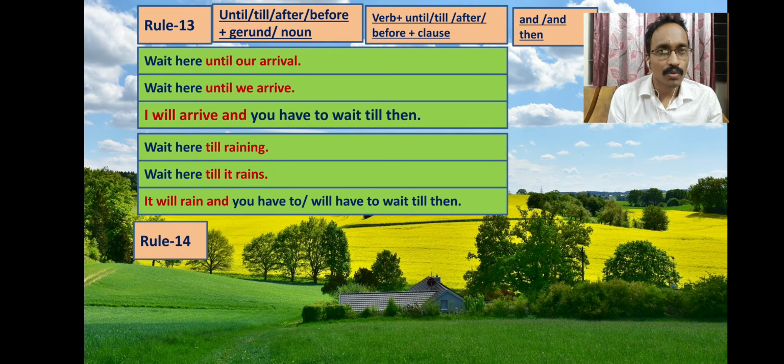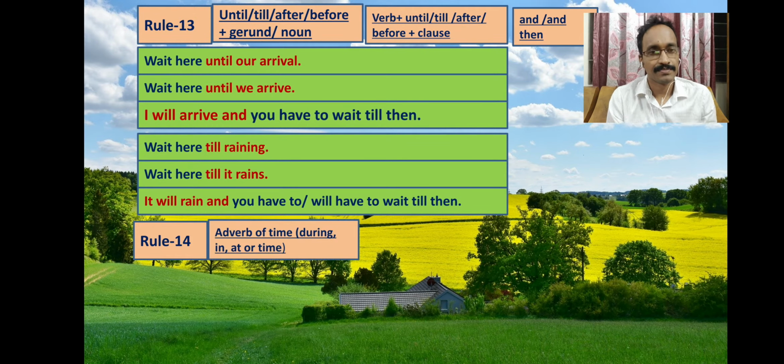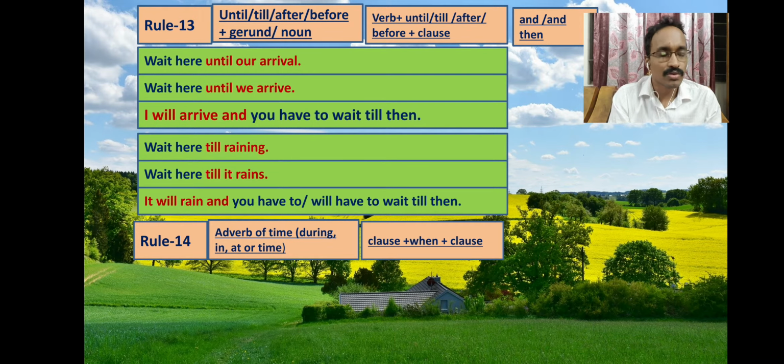Now we will move to rule number 14. Here you see, in the simple sentence we may find an adverb of time like during, in, at, or a time expression like this. In this case we will use when to connect two clauses to make it a complex sentence.